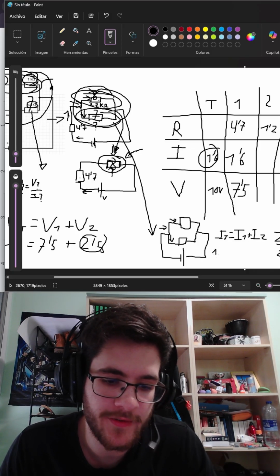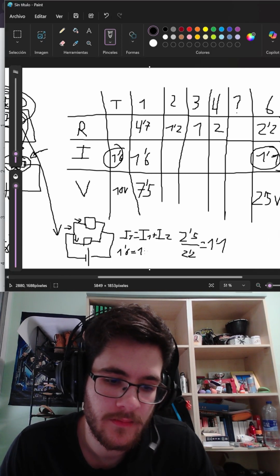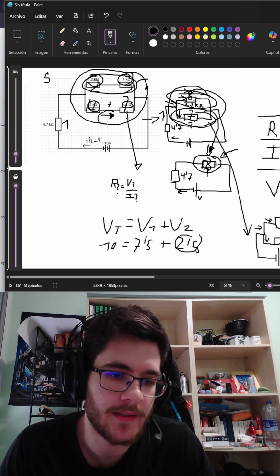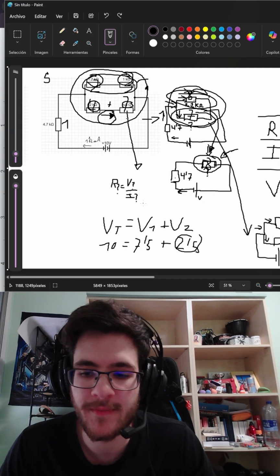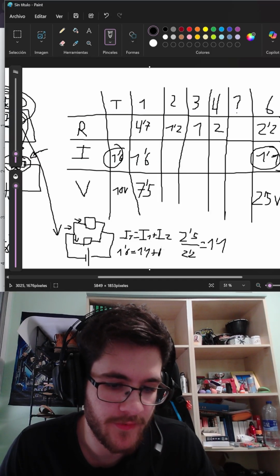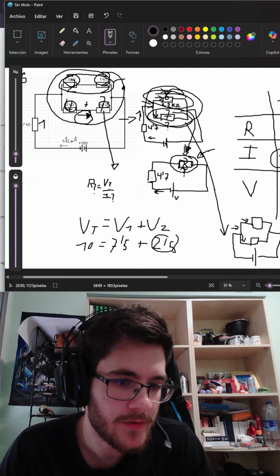So the total intensity is 1.6. This will equal 1.1 plus intensity 2, that is the intensity of the bottom, which is also the intensity of our mysterious resistance. And in this case it is 0.5.